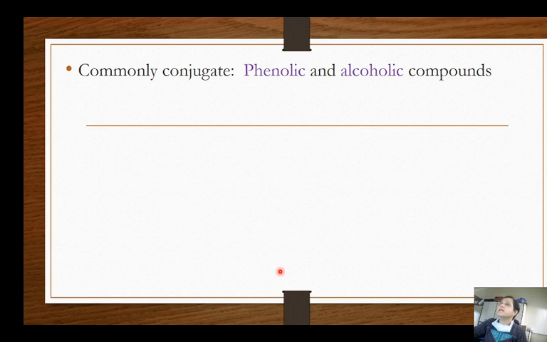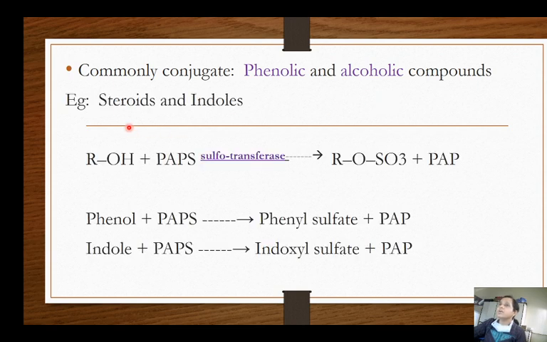The groups that are commonly conjugated are phenolic and alcoholic groups. Examples: steroids and indoles. The reaction can be generally represented like this. This is an OH group containing xenobiotic, to which the sulfate is transferred in the presence of the enzyme sulfotransferase to form a sulfated compound.